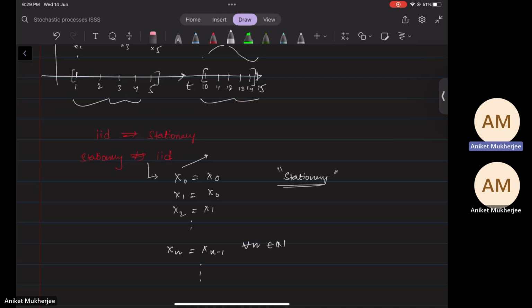It's identical because once you fix x0, each and every instance of the stochastic process would have the same distribution, but it's not independent because the distribution of x1 depends on the distribution of x0, and the distribution of x2 depends on the distribution of x1. They are not independent. So this is stationary, but not independent.